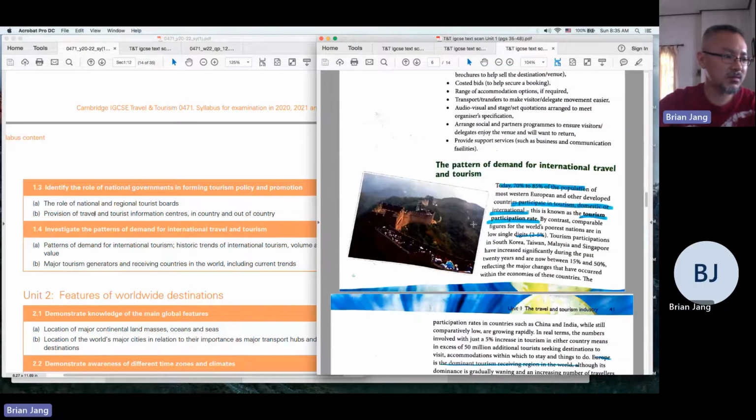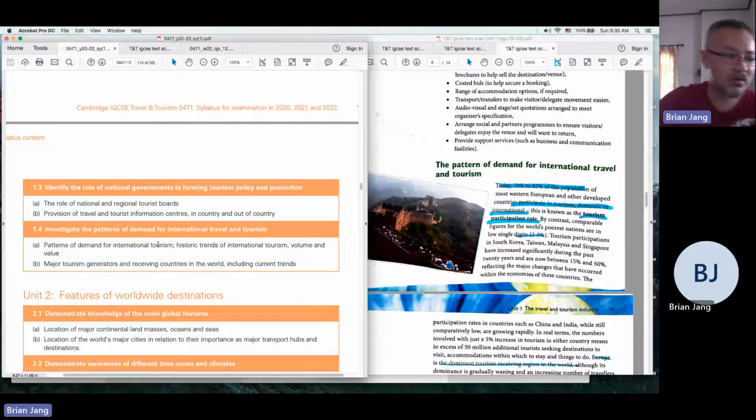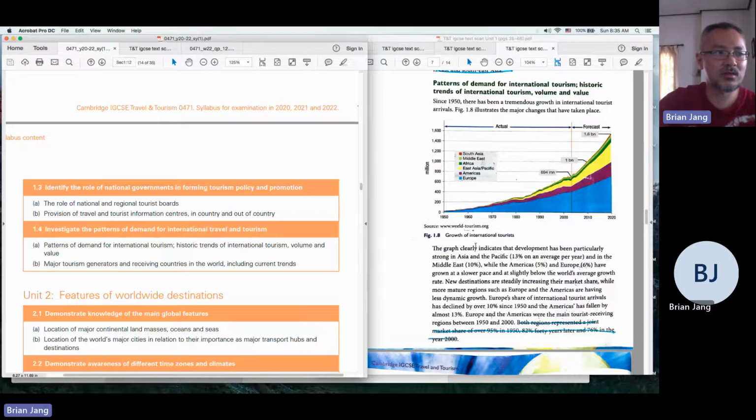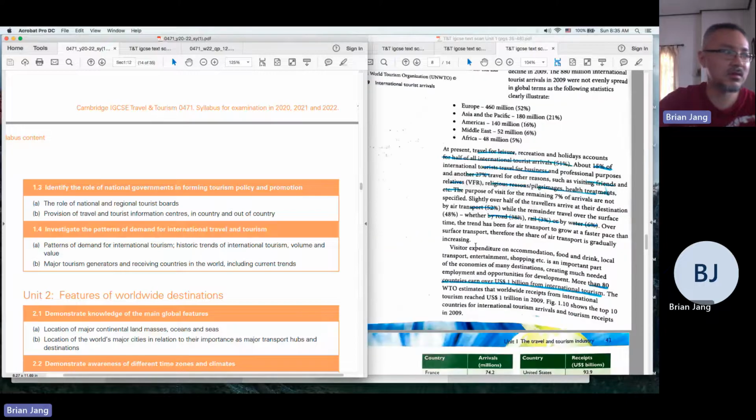And then the last section, section 1.4, investigate the patterns of demand for international travel and tourism. I didn't highlight this during class so much because I don't think this is really going to be that important. I haven't seen a past paper question on this, but you can just kind of skim through it.